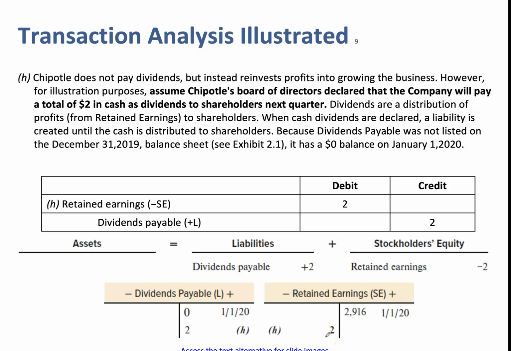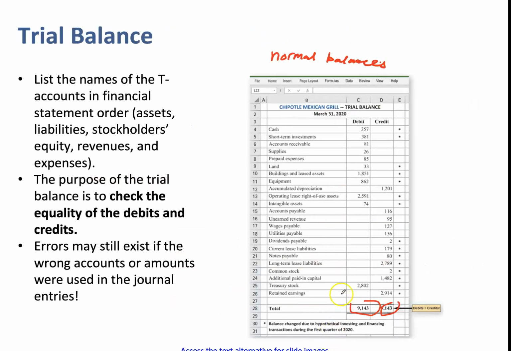When that happens, it won't be reflected in our trial balance because the mistake we have made has a symmetric effect on the debit and the credit side. So our trial balance would not be able to detect it.